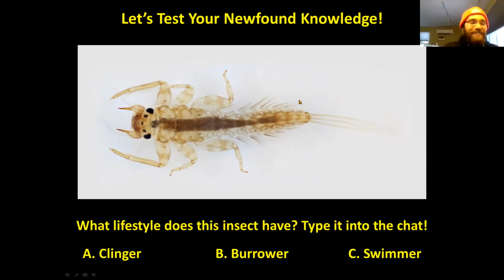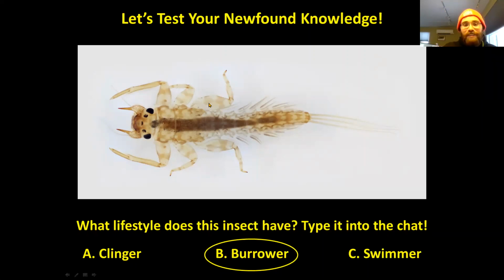Okay, so this is another tricky one. This is going to be a burrower. This is a burrowing mayfly, because you can see the tusks up here that are used for burrowing. I can see perfectly why people might have thought this is a clinger, because look at them thick legs.